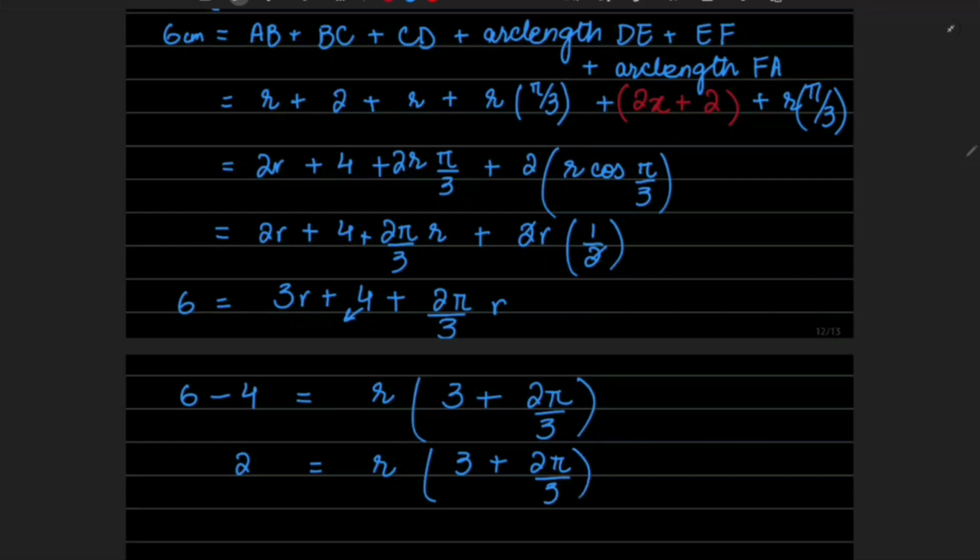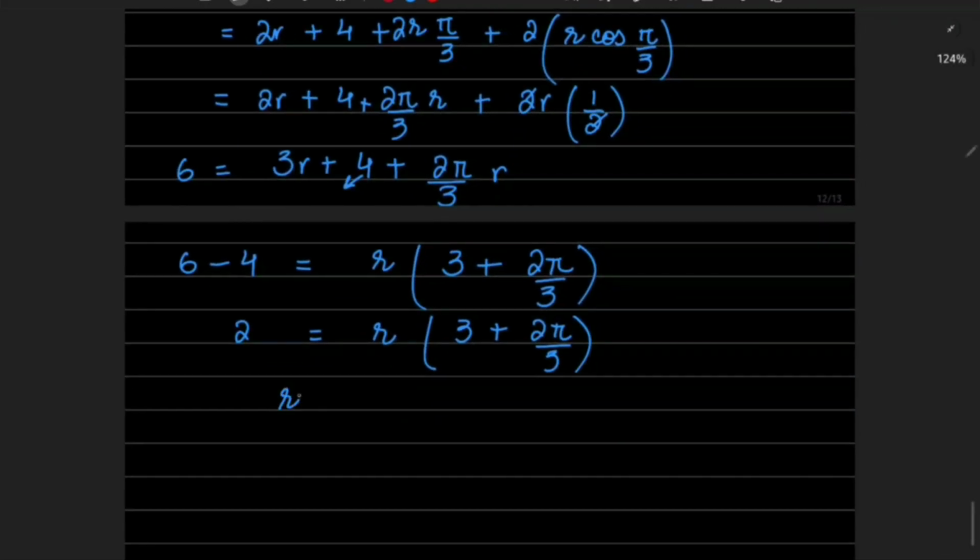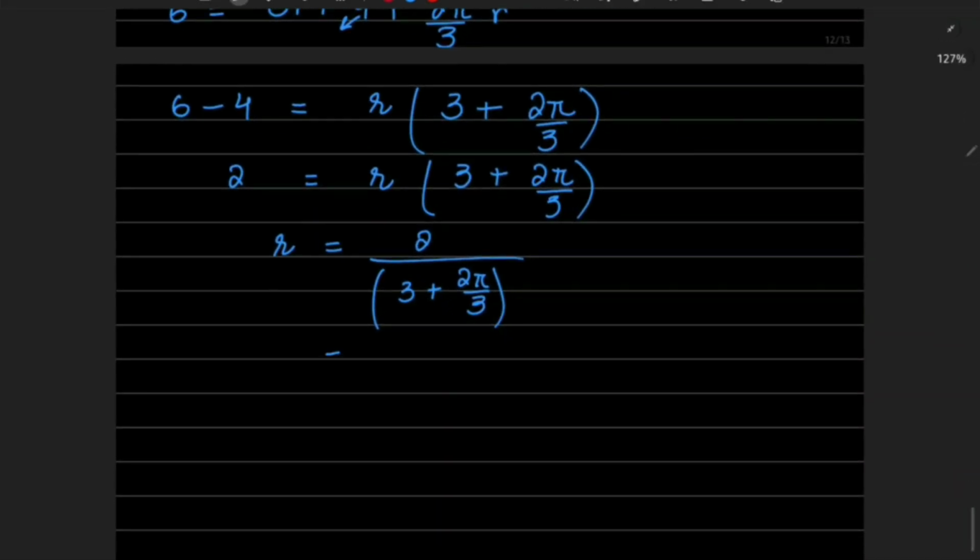So just divide 2 by 3 plus 2 pi over 3, and your r, when you do it directly with the calculator, will give you 0.3926.